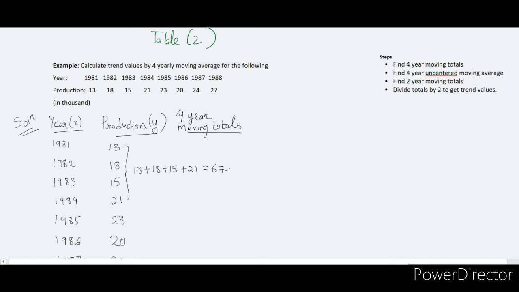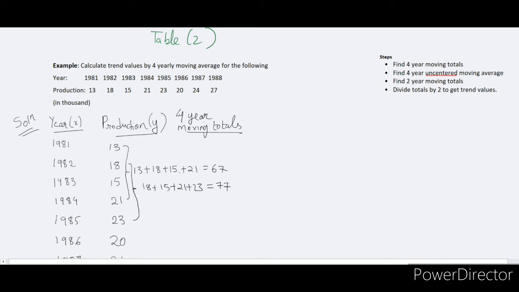Then the next group of 4 years, which is 1982, 83, 84, 85, and we add the values, and the values will lie in between 1983 and 1984, because these are the middle years of this group. So the total, we have 18 plus 15 plus 21 plus 23, which is equal to 77.